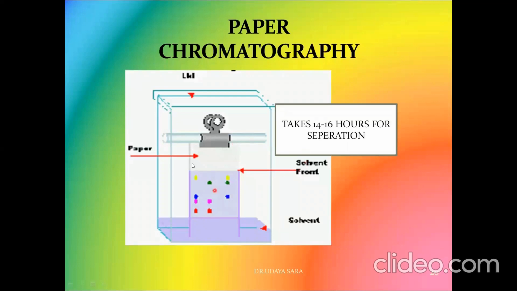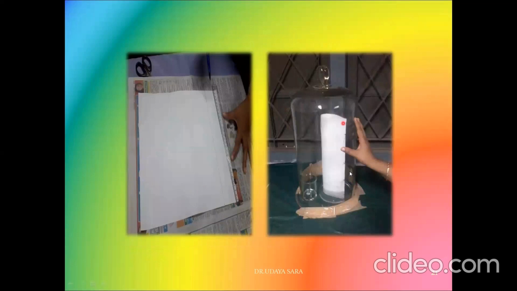You are going to keep the paper in the glass trough for 14 to 16 hours for the separation. After the application of the sample, you need to tie the paper and keep it in the glass trough containing the solvent. In the solvent, we have used water, butanol, and acetic acid.